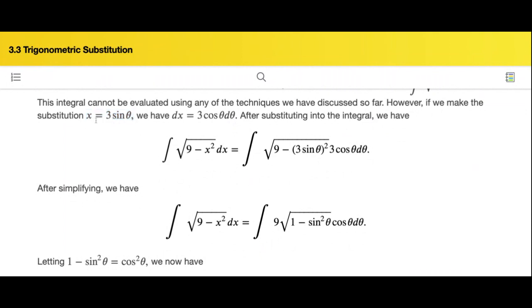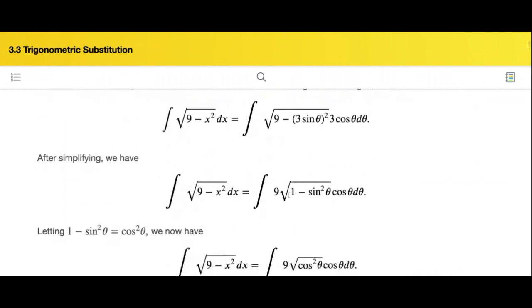Just think of x as a function of theta. So dx d theta equals 3 cosine theta. But for integration, we like to write dx equals 3 cosine theta d theta, with d theta on the other side. So we substitute dx with 3 cosine theta d theta.